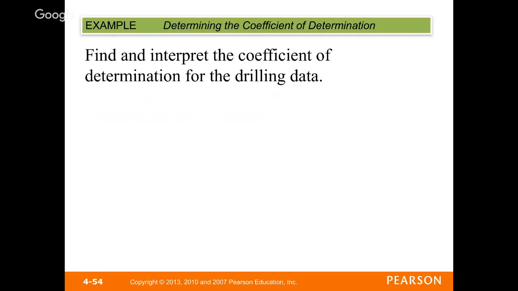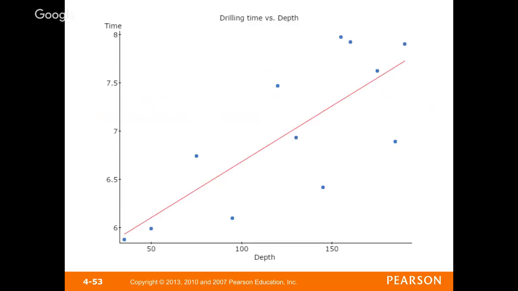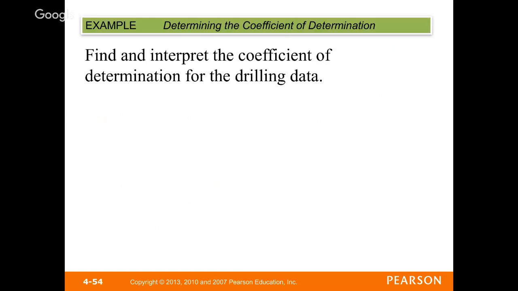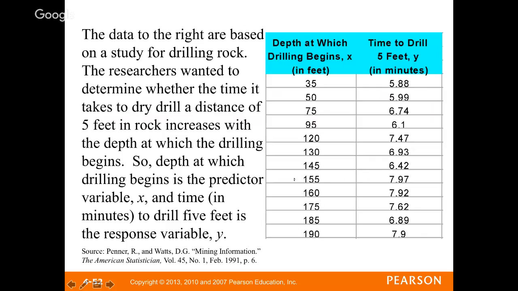So in this case, looking at the drilling data, I just want to show you the graph for this again. How would you find the R-squared for this? Well, this is the graph for it, as we previously saw. Same drilling data as before: how deep we are, how long it takes us to drill an additional 5 feet.